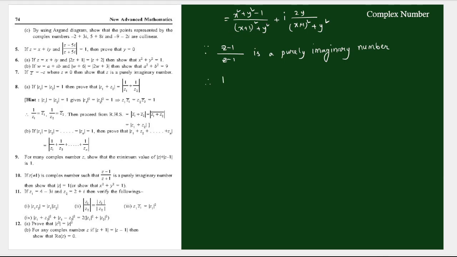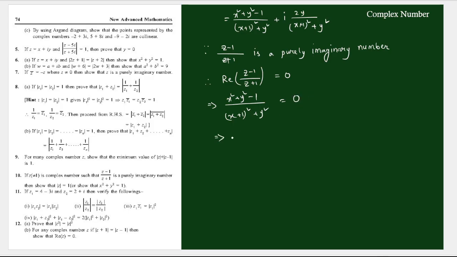Therefore the real part of z minus 1 over z plus 1 is 0. So this implies x square plus y square minus 1 over x plus 1 whole square plus y square equal to 0.